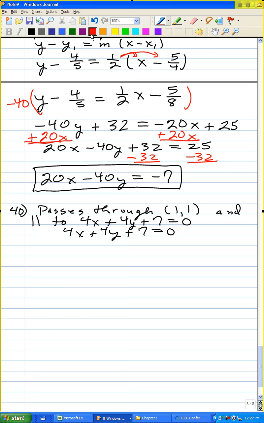So let me subtract 4x from both sides of my equation, subtract 7 from both sides of my equation, in order to isolate y on one side of my equation. So 4y is equal to negative 4x minus 7. Lastly, let me divide both sides of my equation by 4.